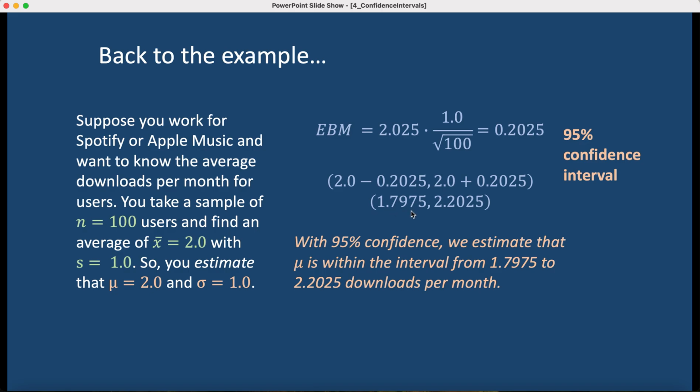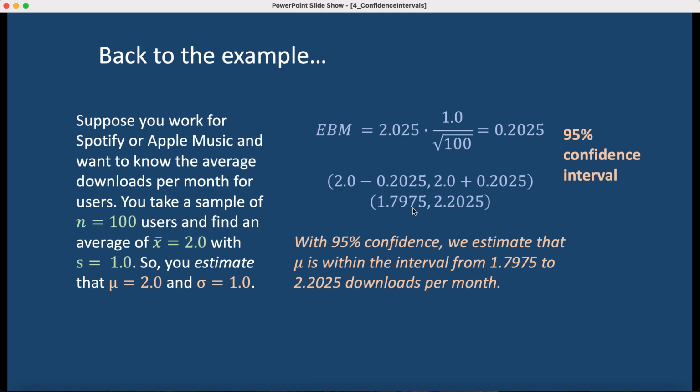But regardless, the t-score is the correct score to use here when you have an estimate of both the mean and the standard deviation. We essentially get the same answer. You know, if you were rounding, this is 1.8, 2.2.